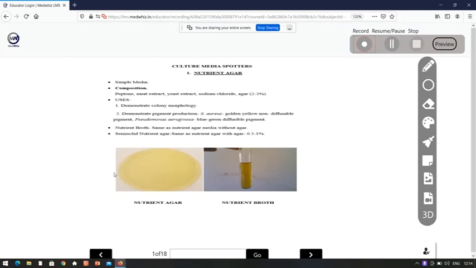Today's class is about culture media. The Department of Microbiology deals with microorganisms and infections. Various types of microorganisms cause various types of infection. In the Department of Microbiology, we collect suitable clinical specimens and culture them.